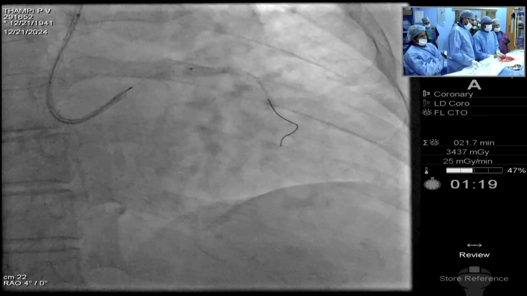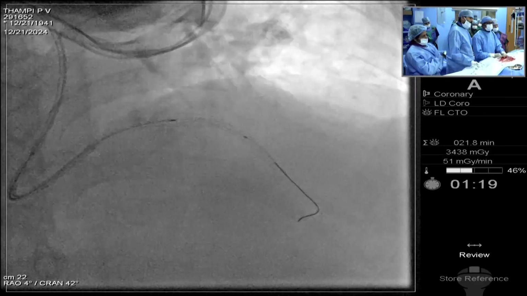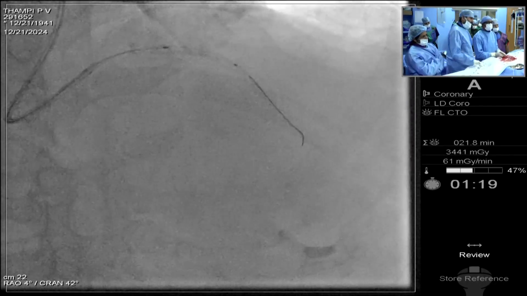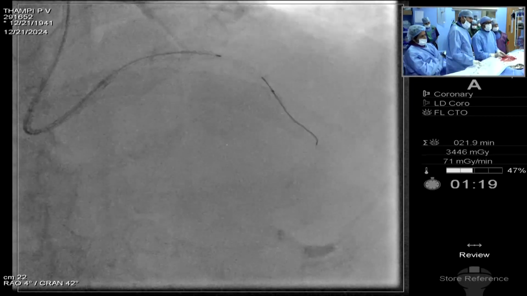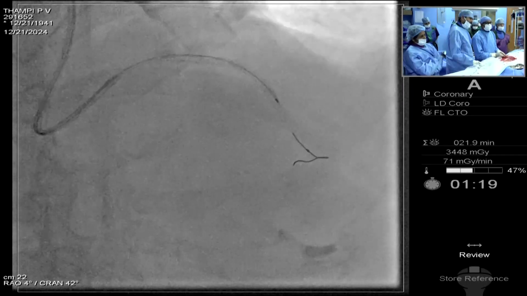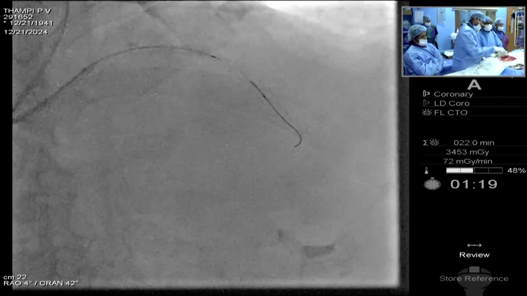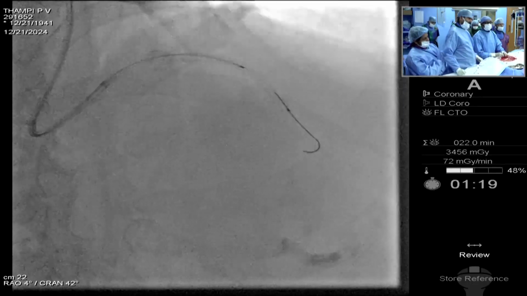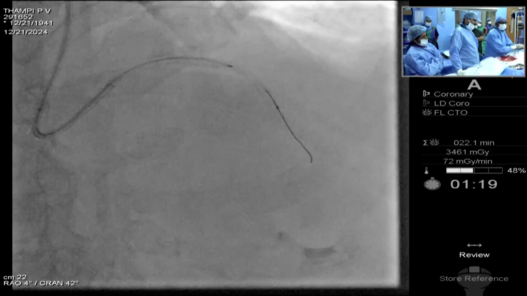Now come to cranial view. Okay, we leave it there. We won't go much distally because beyond that bend you wouldn't want this catheter to go. So we can image the proximal vessel very clearly. The ostium can be seen very clearly.